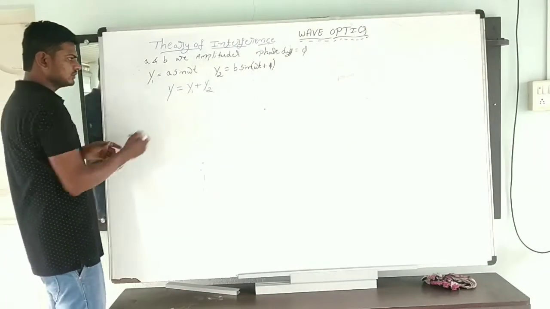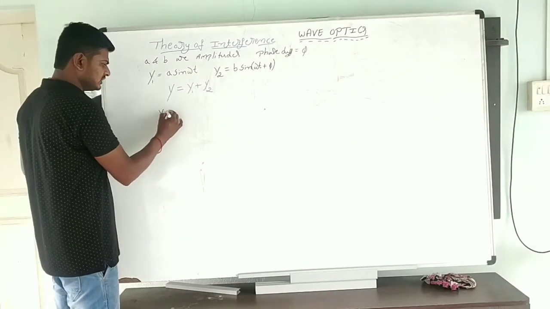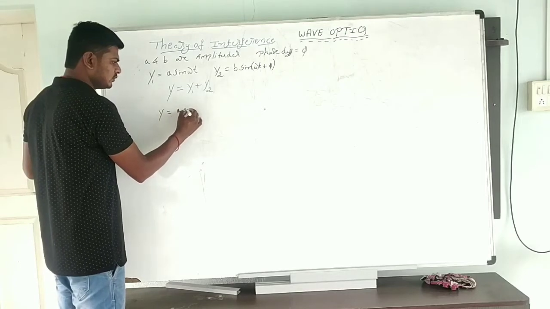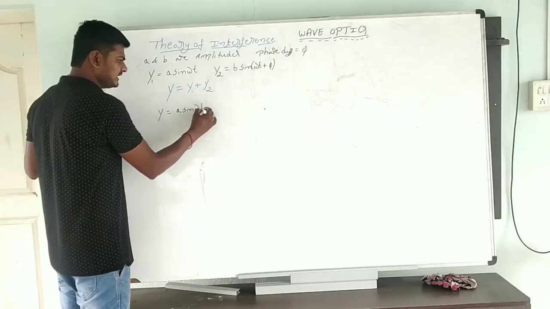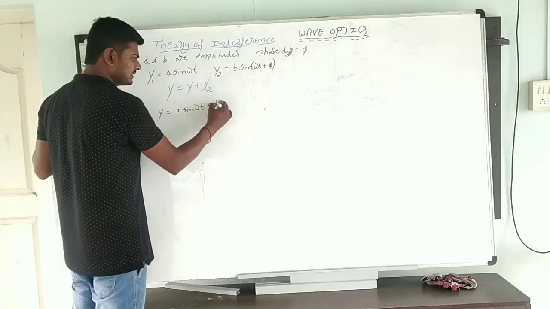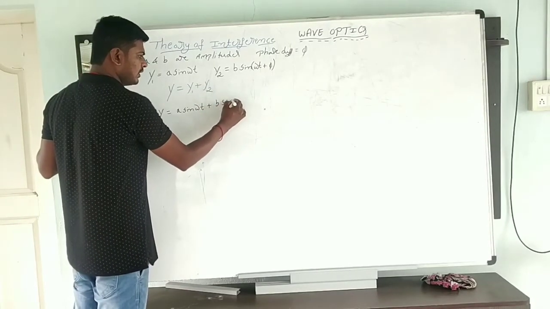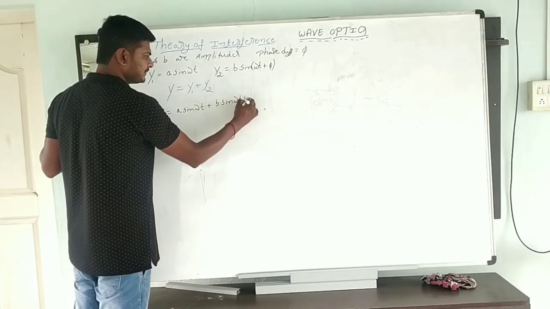Now I am going to substitute these equations. y is equal to A sin omega t plus B sin (omega t plus phi).